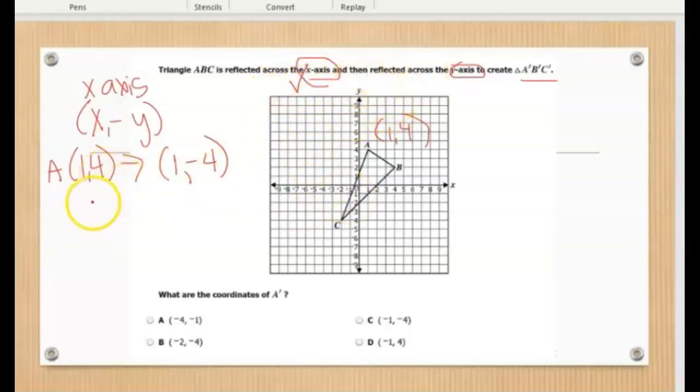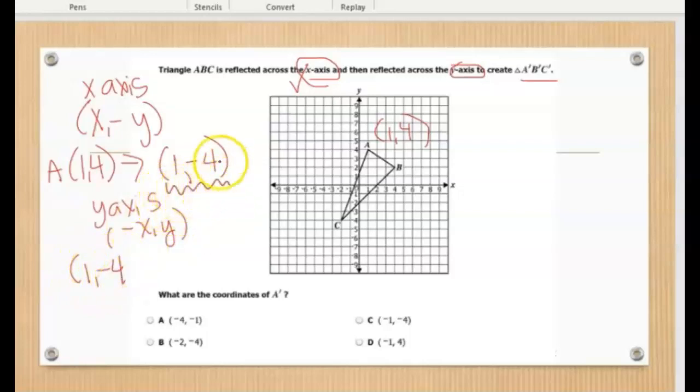Then across the y-axis. So remember the y-axis rule is negative x, y. So I'm going to take this new point that I already transformed, and do it again. I'm going to make the x negative. Negative 1, positive 4. There it is. It is D.